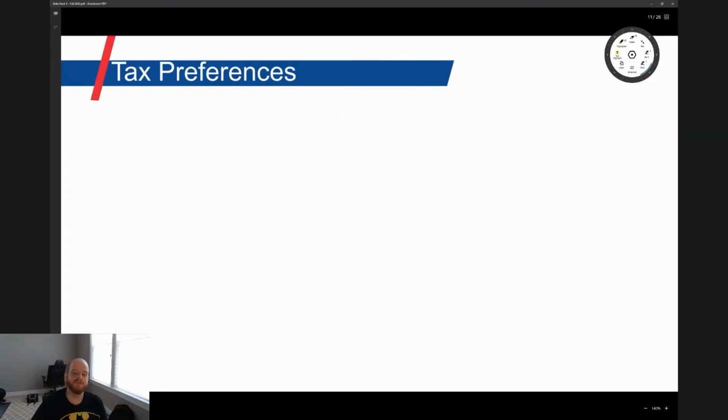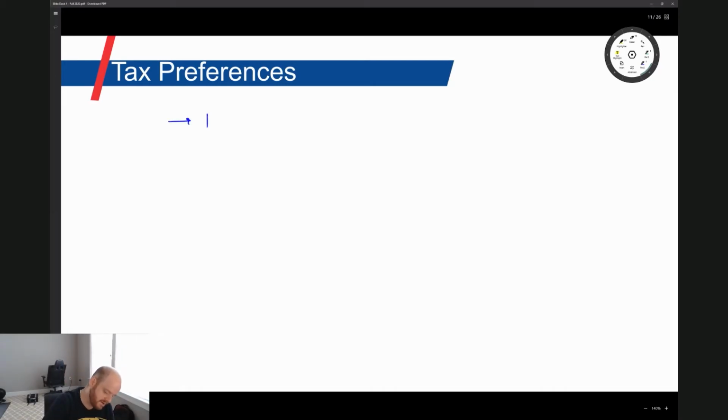Now, an outcome of this is what is known as tax preferences, right? Because governments try to influence certain behaviors, encourage certain behaviors, and try to dissuade people from taking part in certain types of behaviors, a tax system creates tax preferences.